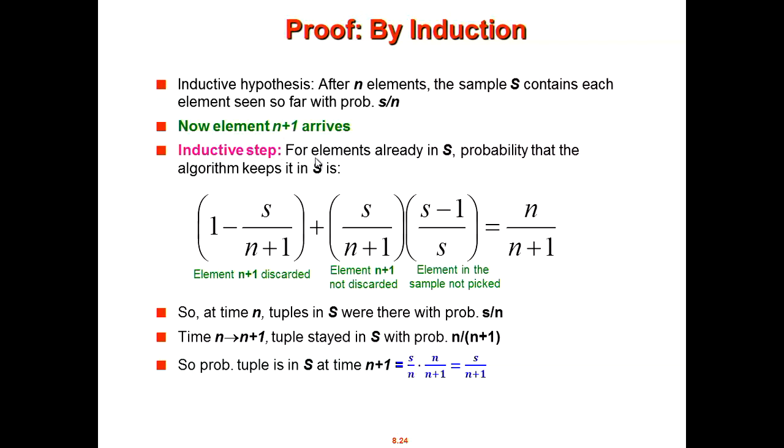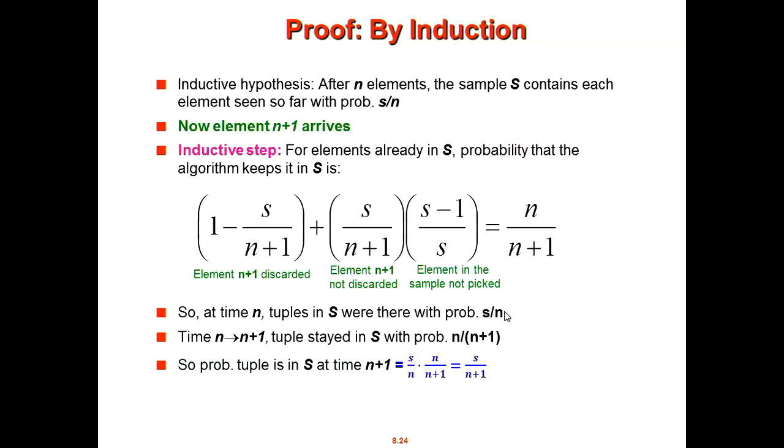And this is the proof detail. So this is the inductive step. This probability n divided by n plus 1 is the probability that the element already in S is kept in S. And in order to show the final probability, we also need another probability, which is that at time n, the tuples in S were there.